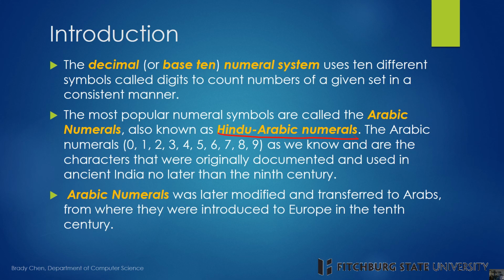The Arabic numerals, as we know them, are characters that were originally documented and used in ancient India. They were first used in India no later than the 9th century. Then they were later modified and transferred to Arabs, and from there they were introduced to Europe in the 10th century, about 1 century later.